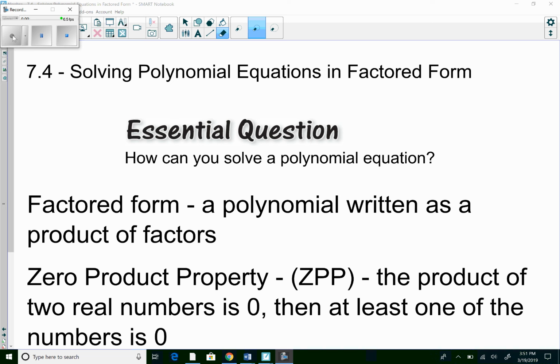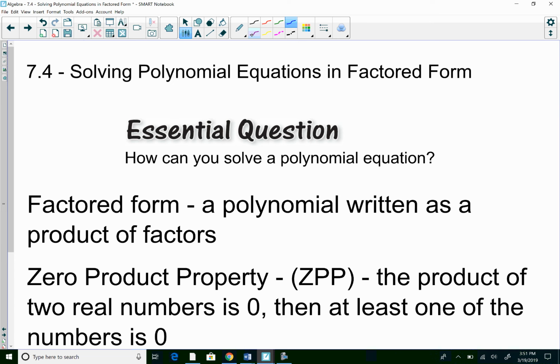So factored form, the definition is a polynomial written as a product of factors. Here's an example of what that might be. Let's say you have the polynomial x squared plus 5x minus 24.